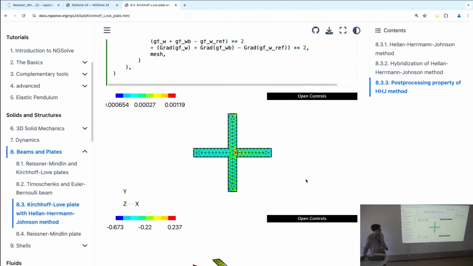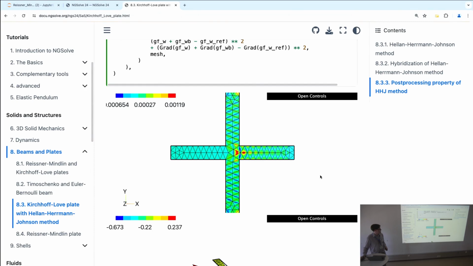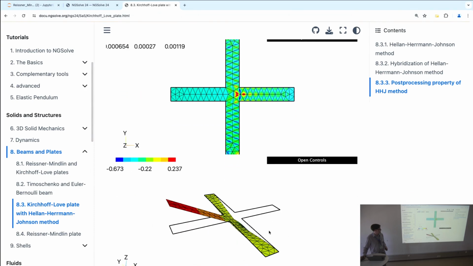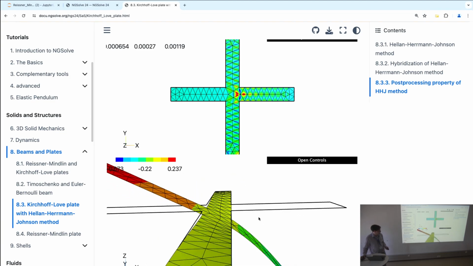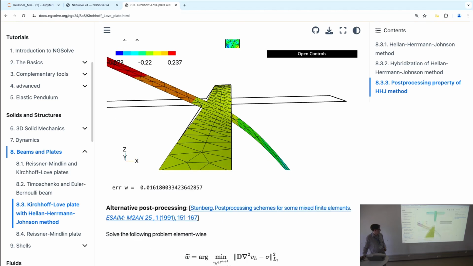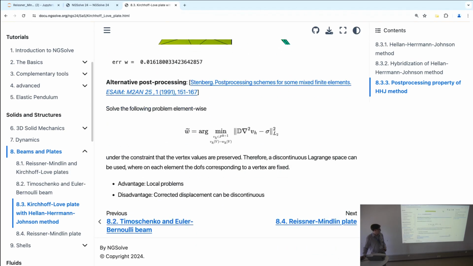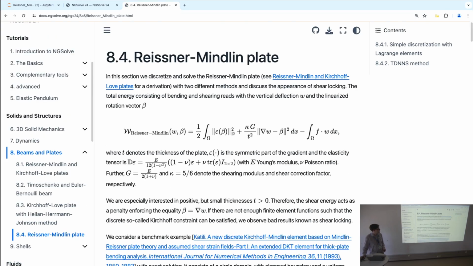Here we see that we can correct it with bubble functions, and then the displacement looks better now. It's quadratic. Okay, so there are also other post-processing schemes. But the Hellan-Herrmann-Johnson method is very great for solving plate equations, for fourth-order problems. It can be done for triangular, quadrilateral, mixed meshes, high order, low order, very efficient.